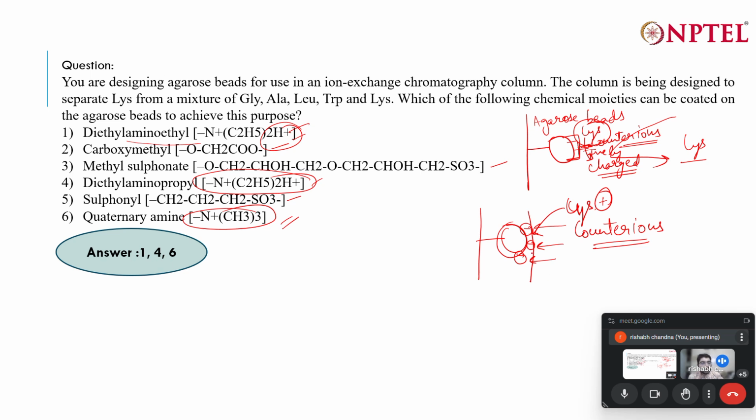So to maintain this, we have some counter ions that have a similar structure to the lysine molecule, attached to this particular agarose bead. Now when the lysine comes and the pH is stable, at which the lysine is positively charged, lysine basically replaces those counter ions and those counter ions go into the solution.